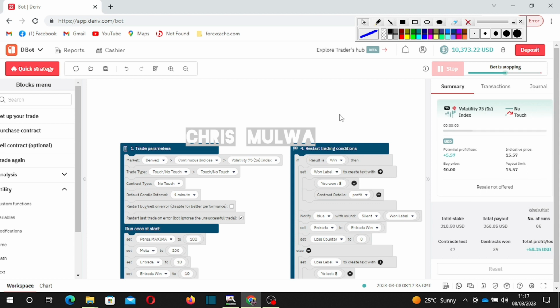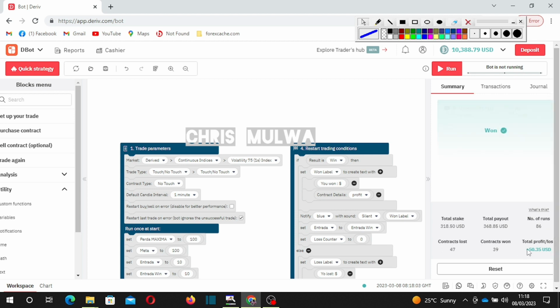Oh, we make $50. Someone is telling me that we should make $50. It's already $50. Oh, I had stopped the bot. So we have made $50 in less than 20 minutes.